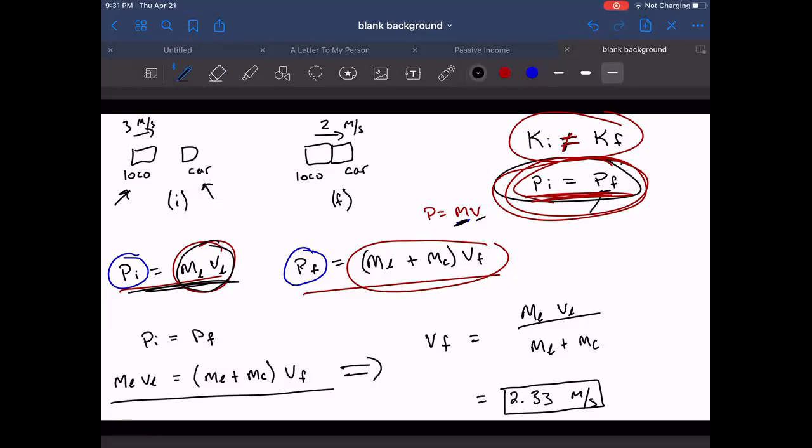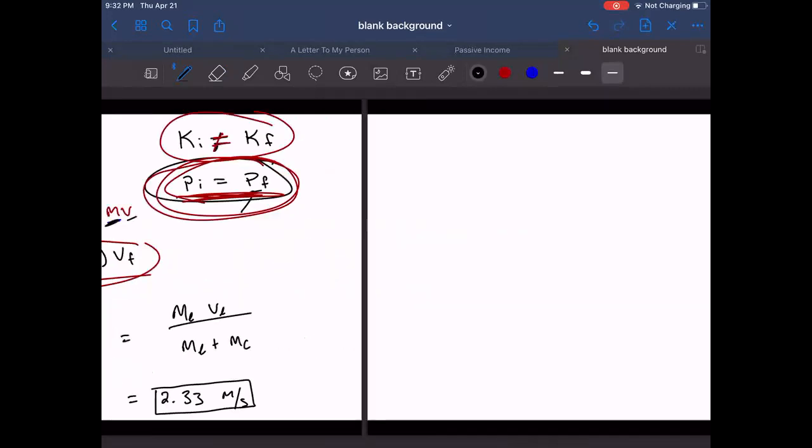Good. Yes. Okay, so it's kind of weird doing this because you solve the entire problem once you solve for the final velocity, because we already have the initial momentum. That's the next thing they're asking, right?